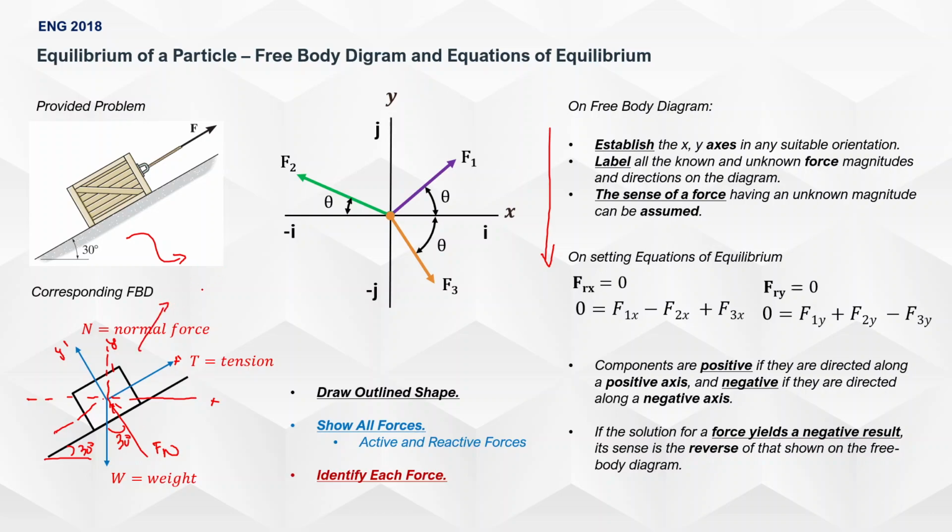So let's do it here. Essentially you establish your equations of equilibrium. Summation of Fx equals 0, such that 0 is equal to, let's start with F. It's going to the right, but it's at an angle, and we know that's 30 degrees. So we know F cosine 30 degrees, and then we have another. Here we have a normal force.